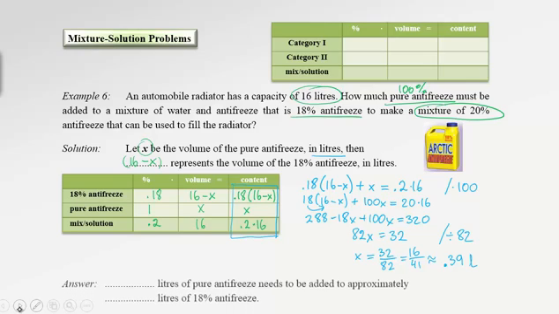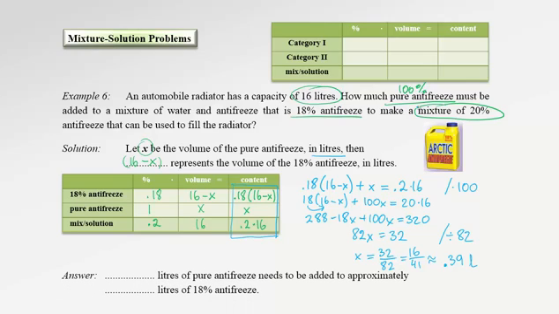Okay, let's give the answer. The question calls for how much pure antifreeze needs to be mixed, but in this particular problem it will be probably more useful to give the answer how much pure antifreeze and also how much 18% antifreeze needs to be used.